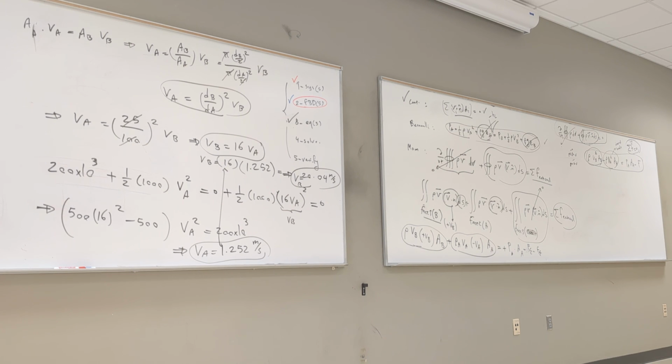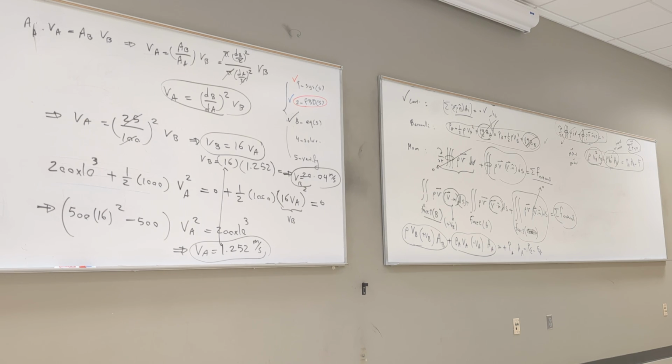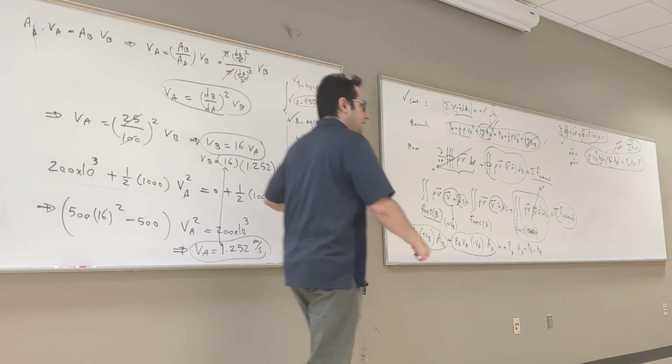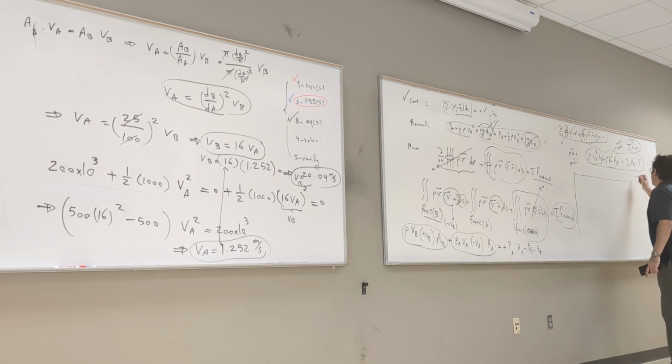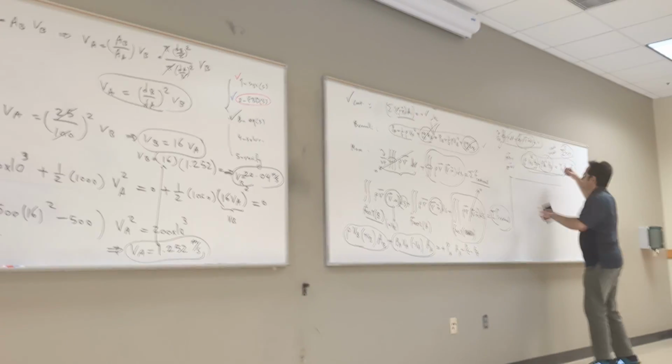All right, so then the way we do that, we say we got VA and VB. We solve the last equation. So this is the last equation. Substitute here.